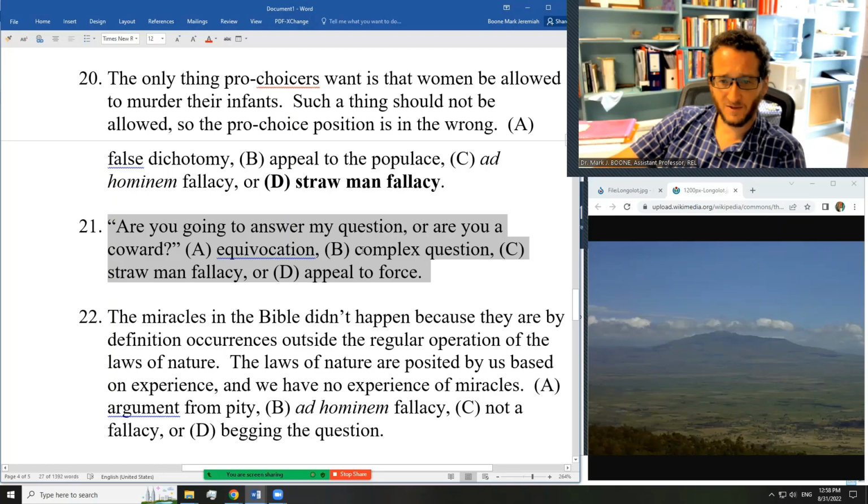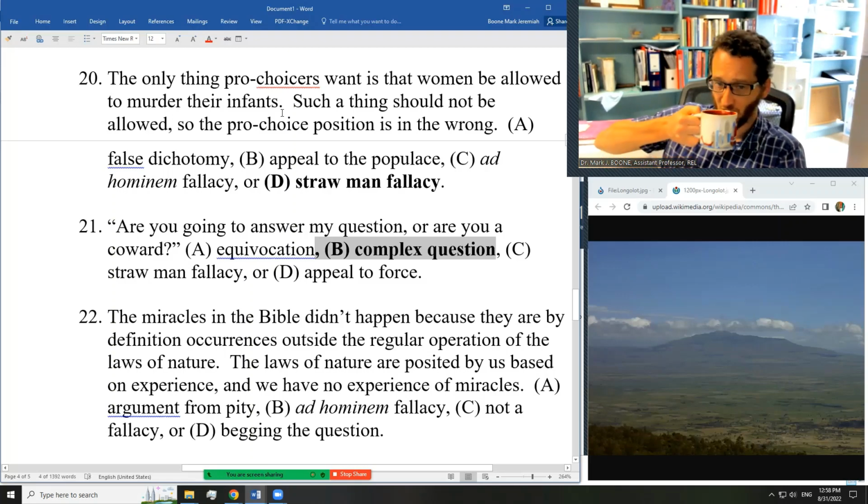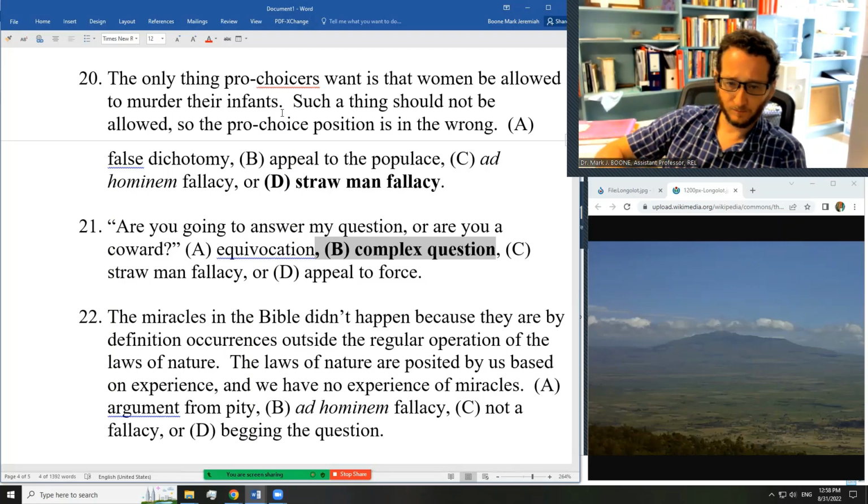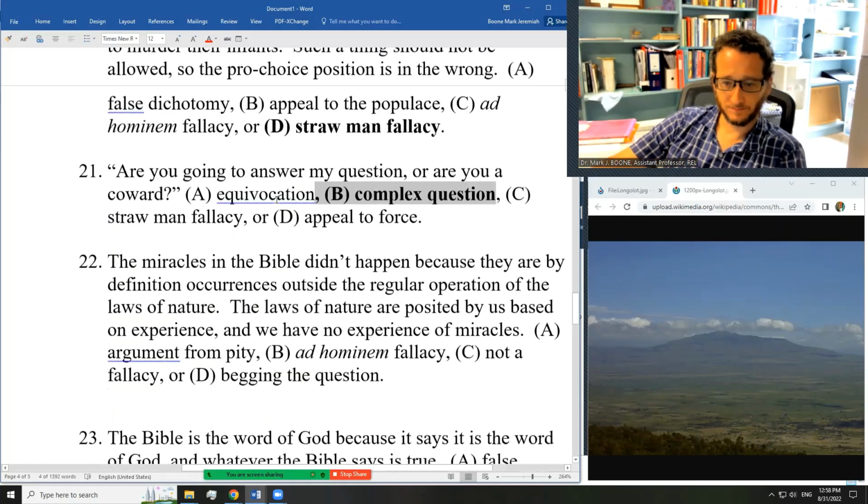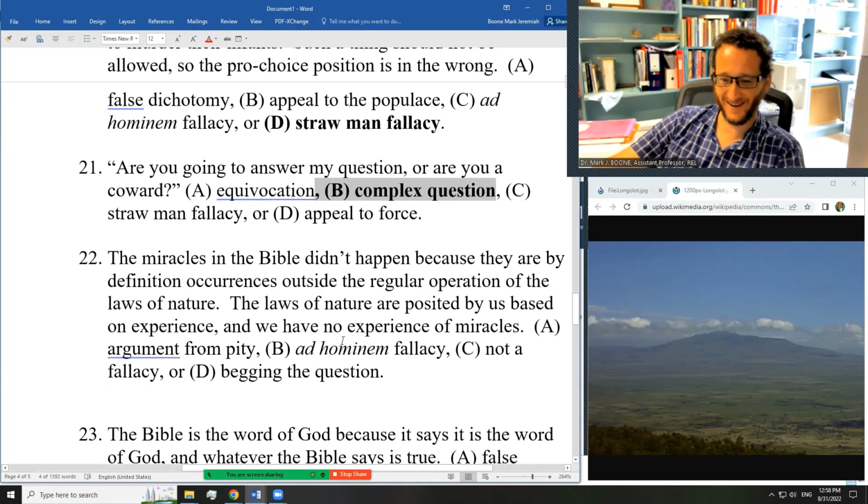What do we got here? This appears to be a complex question. Number 21, complex question. Number 22, best answer D, begging the question, assuming what is to be proven.